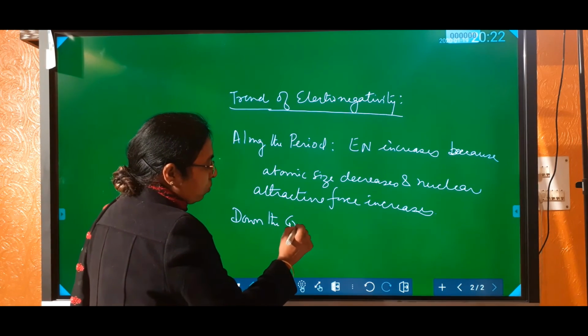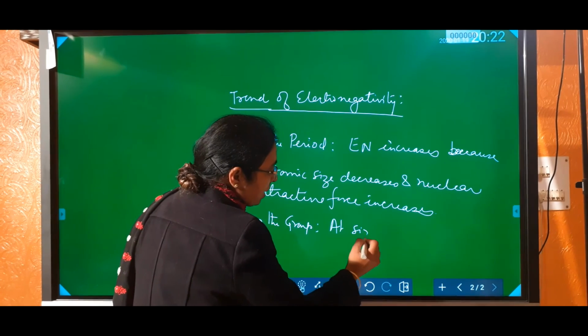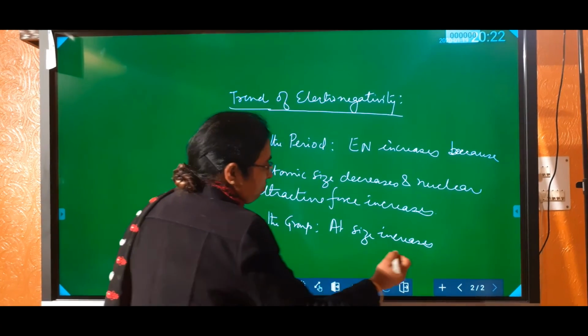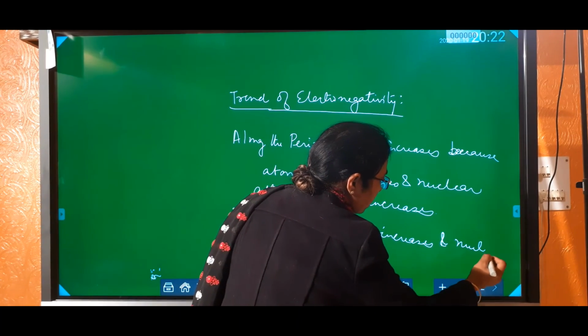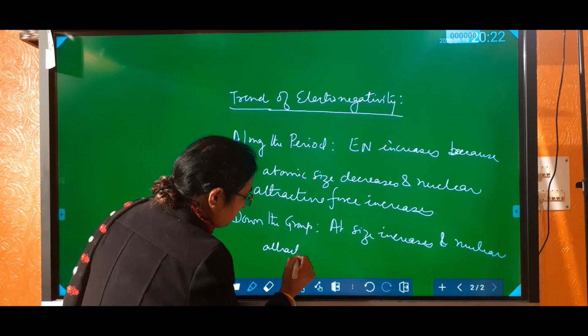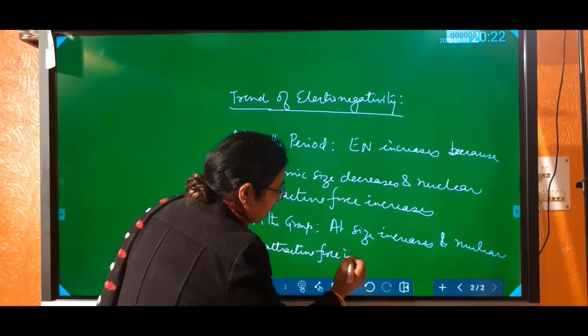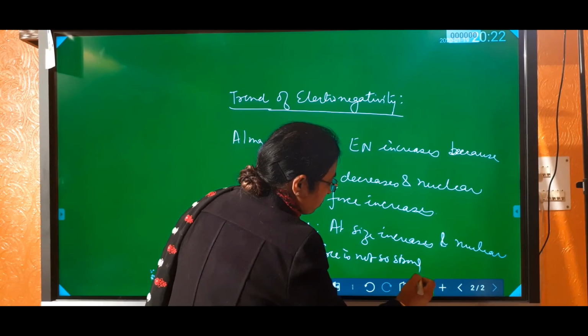Down the group, what happens? Atomic size increases and the nuclear attractive force is not so strong.